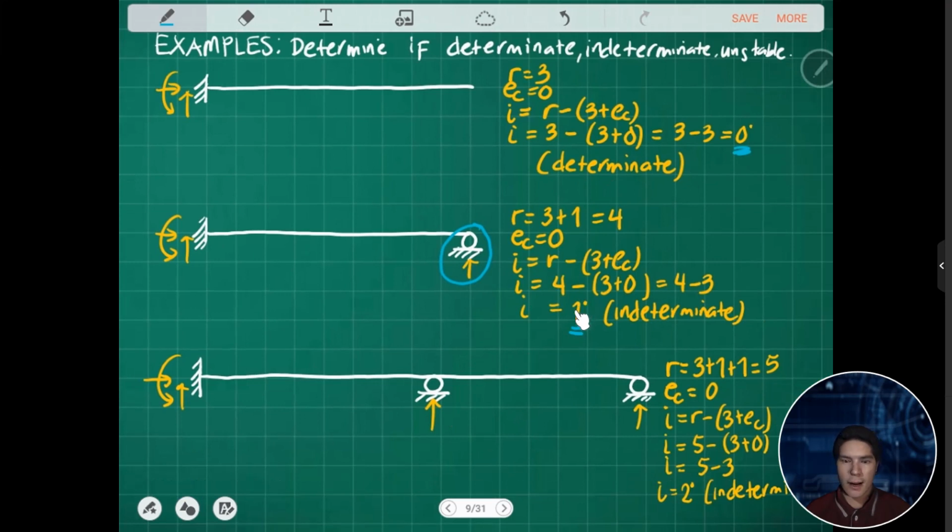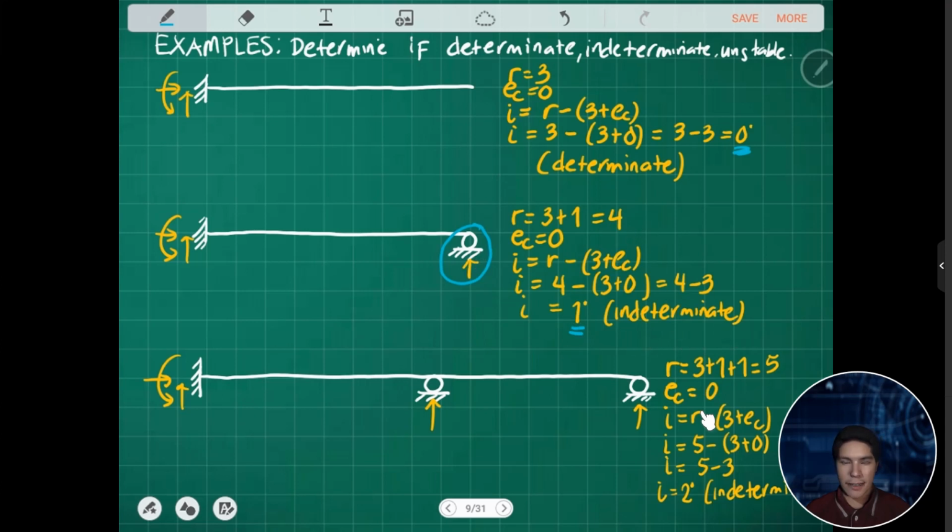Okay, so the degree of indeterminacy defines the number of redundant forces. Again, if you just consider the cantilever beam and then you add the roller support, that becomes indeterminate.